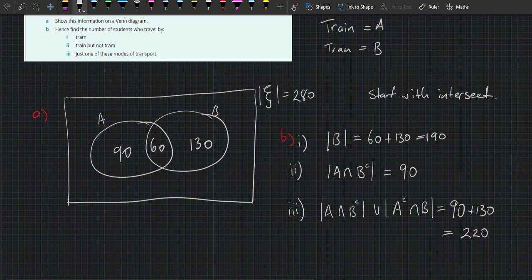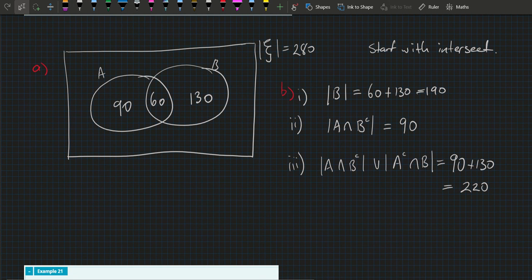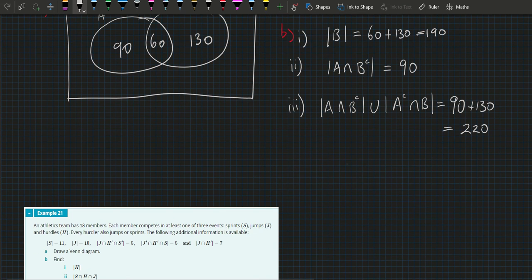Or you could have said 280 minus 60. Either way, that would have worked. Okay. There might be a neater way to write out this exclusive OR as well. There is a symbol for it. We won't do it today, but all right.